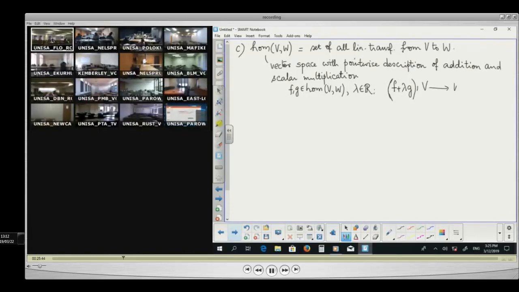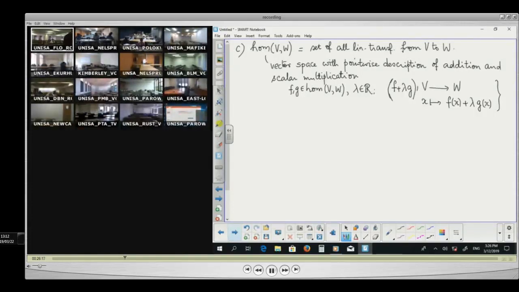It takes x to fx plus lambda times gx. Please, the centers, close your microphones. So with this it was a vector space, and we did it in one of our second or third lectures. Okay?